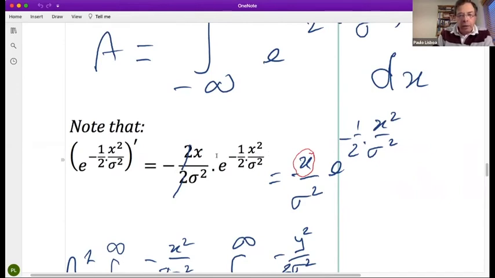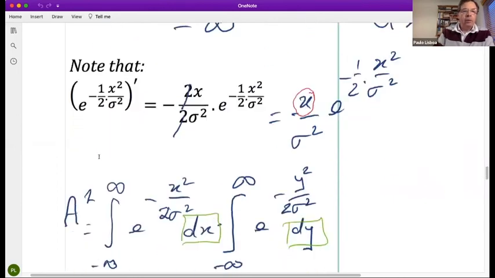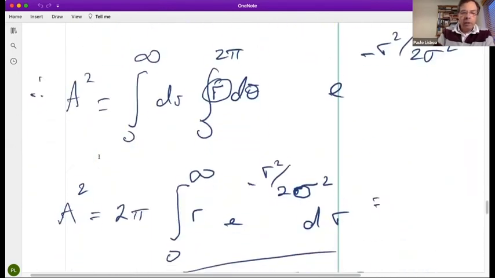Therefore, the integral of e to the minus x squared over twice sigma squared multiplied by x, which is what we now have, but with an r instead of an x, so the integral of x e to the minus all of that is equal to minus sigma squared times that lot. So that's what we're going to write now.